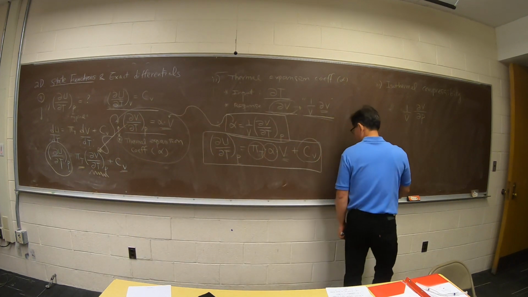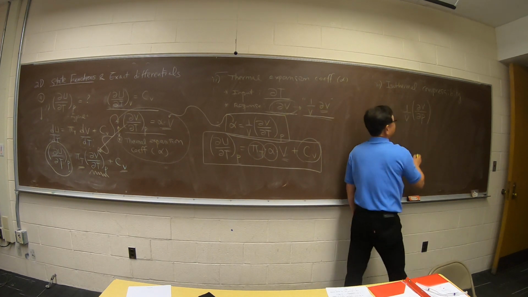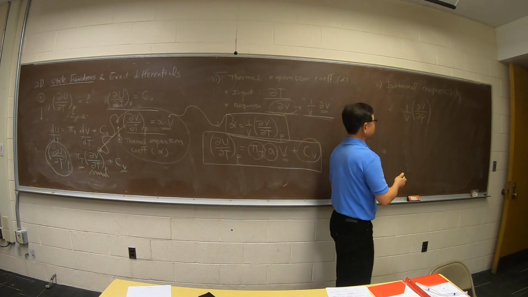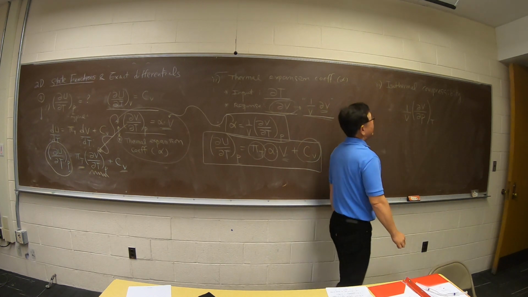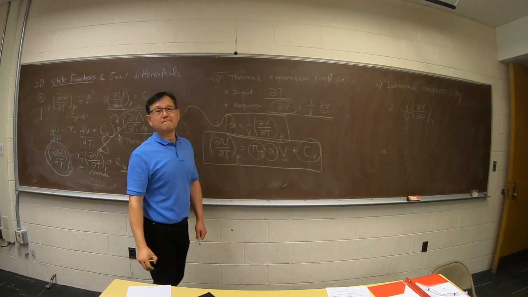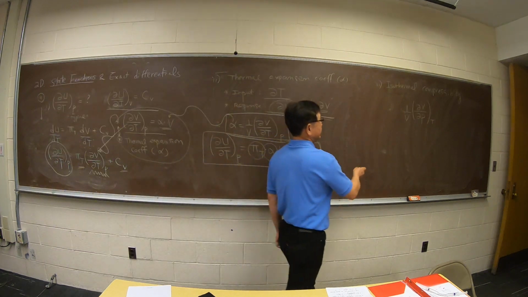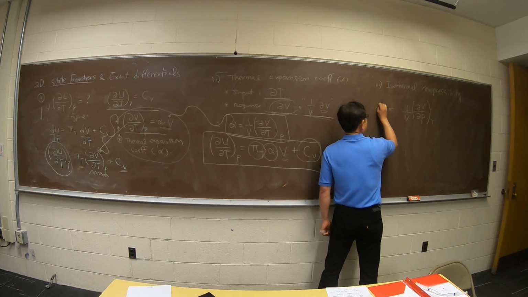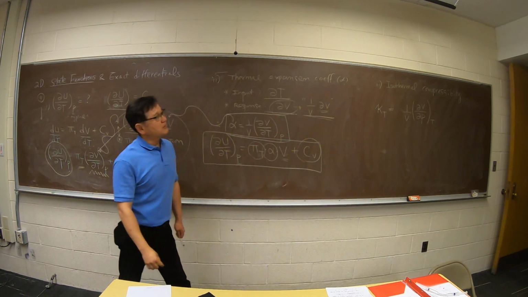And then I have to further define, because volume not only depends on the pressure, but also temperature, and I want to make it clear that this is an isothermal compressibility. A good practice, right? And this one we call kappa T. So that's the isothermal compressibility.